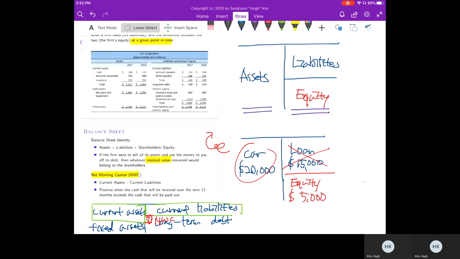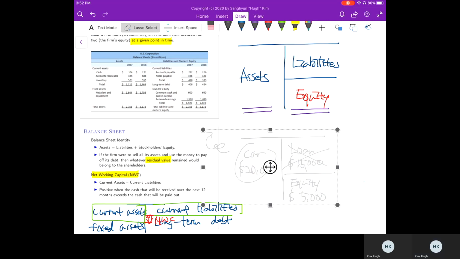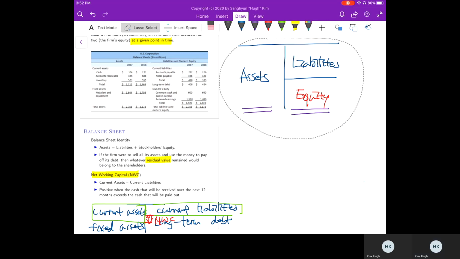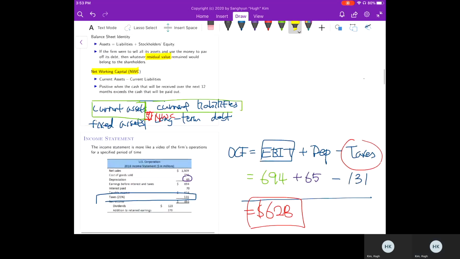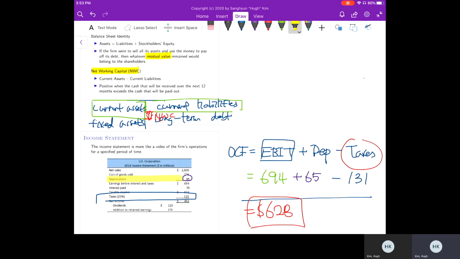Okay, so I'm going to make some space. So let's consider net capital spending first. Net capital spending is the change in net fixed assets plus depreciation. Depreciation can be found on the income statement. Down below here, depreciation is 65.